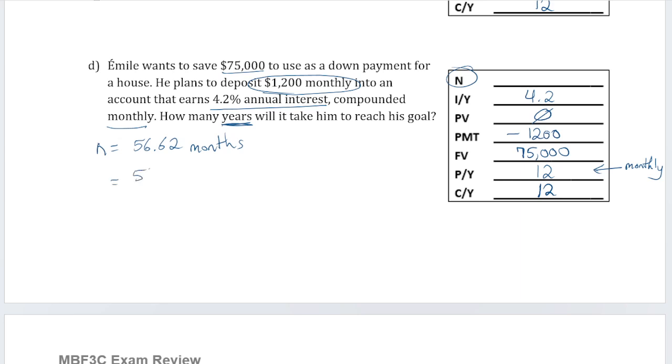So I have to take 56.62 and divide it by 12 months in a year to get how many years it will take. And we get 4.7 years, roughly.